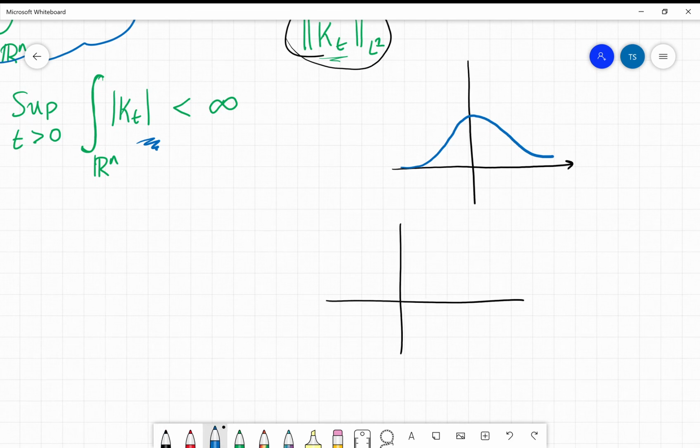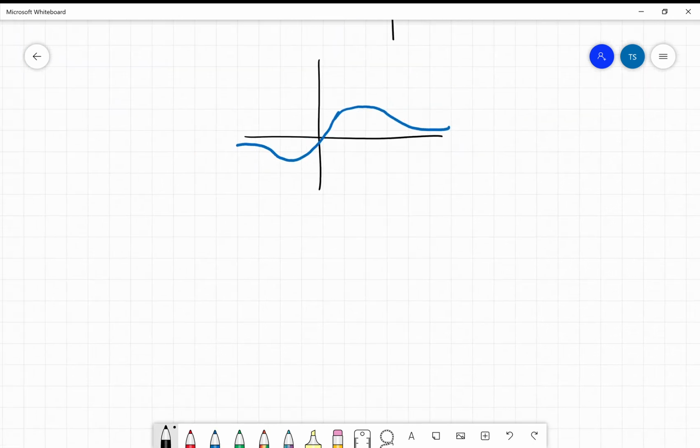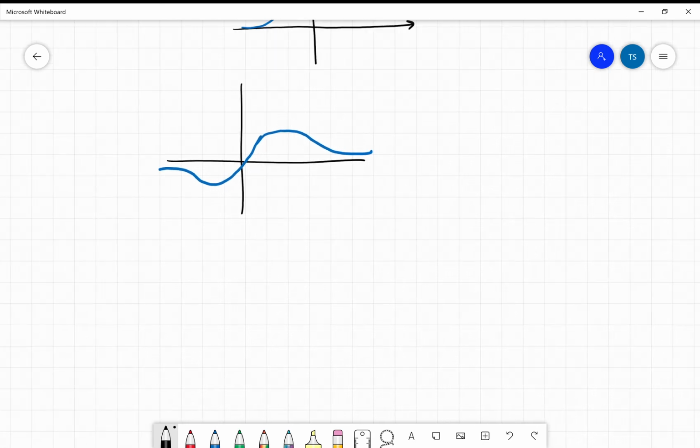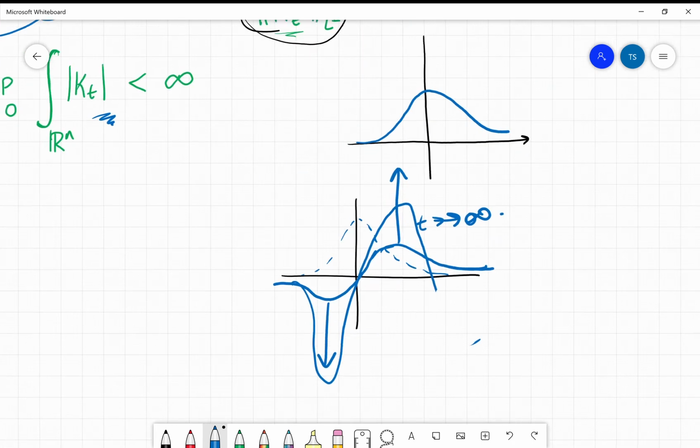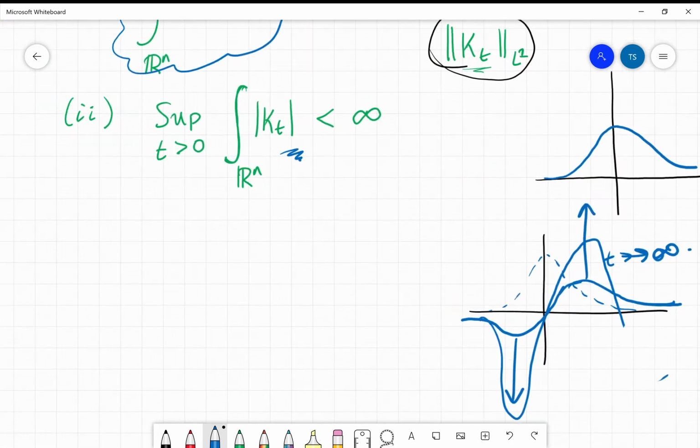You might have a function like this, and if you integrate this, this would be 0, but I could add a little bit of extra positive area. I could take this and add a Gaussian to it, a standard normal distribution. And I could imagine making the peaks grow to infinity as t goes to infinity. So that isn't allowed because of that.